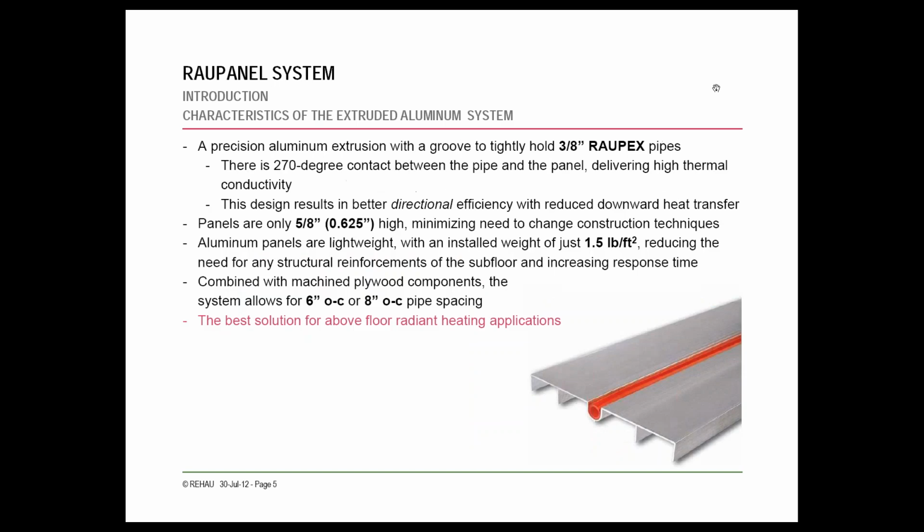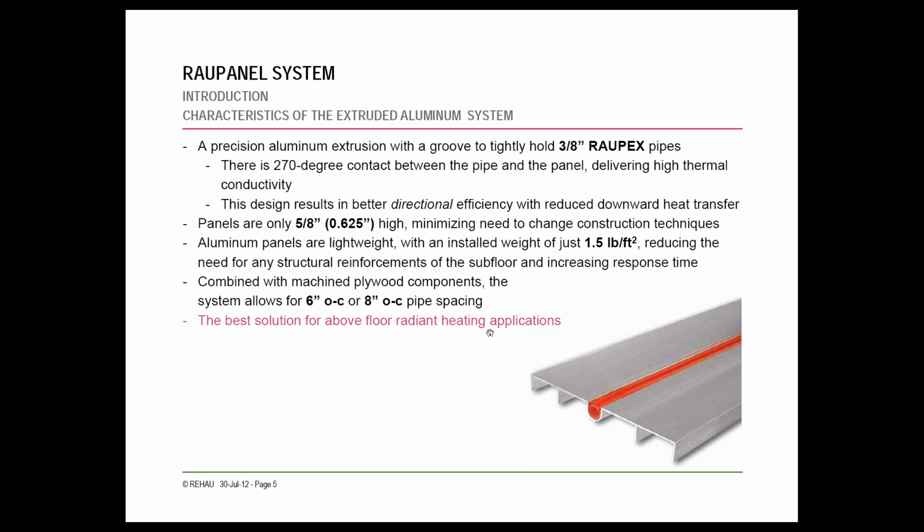It's a combination of an aluminum panel that the tube gets placed into, and then some plywood trim pieces to route the tubing around. These panels are 6 inches across, so that they can be spaced either 6 inches on center, or with the plywood accessory pieces with a spacer, 8 inches on center.